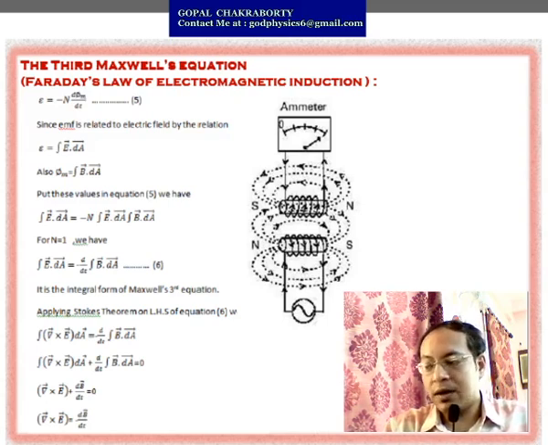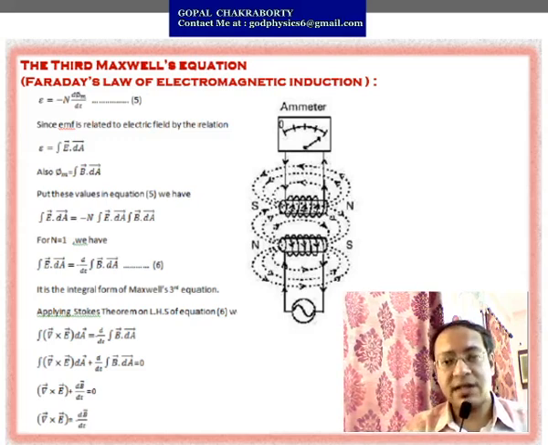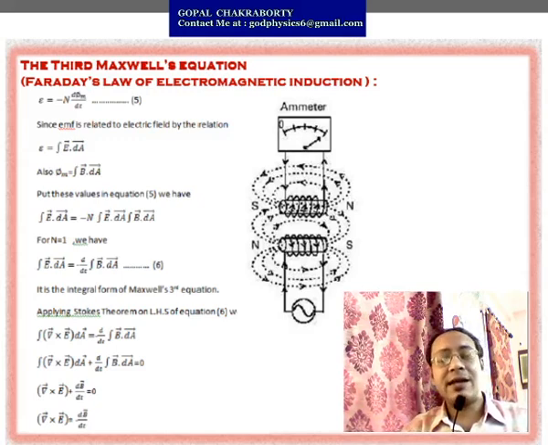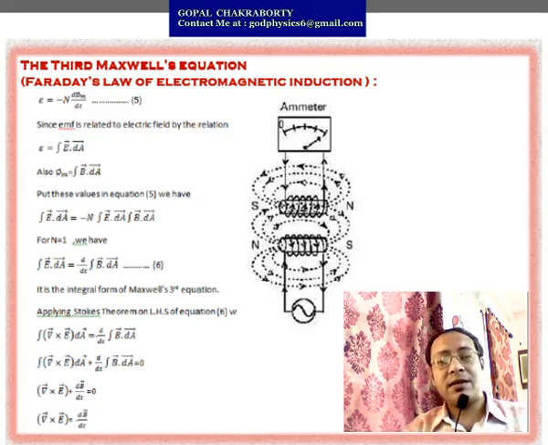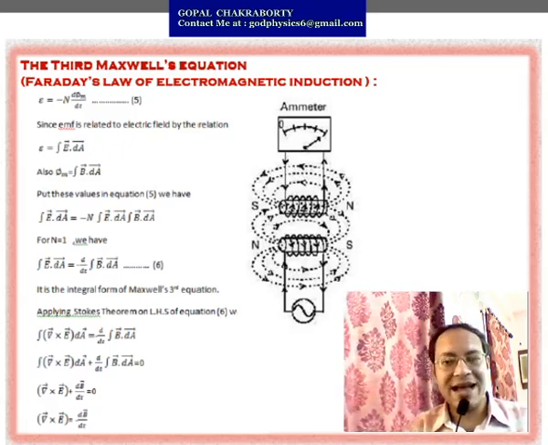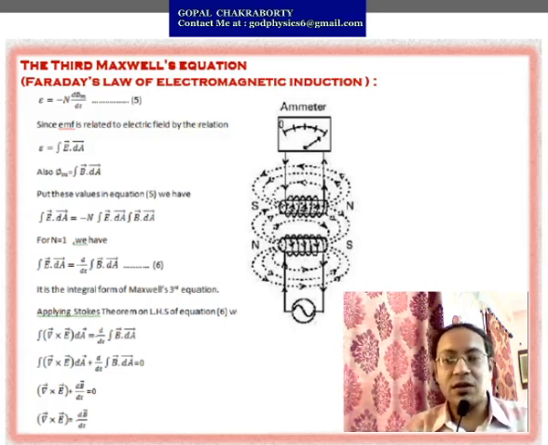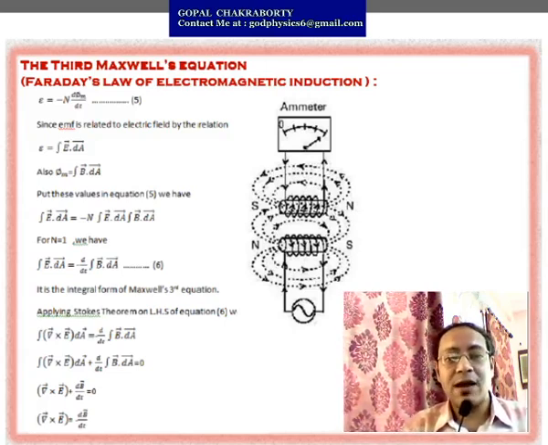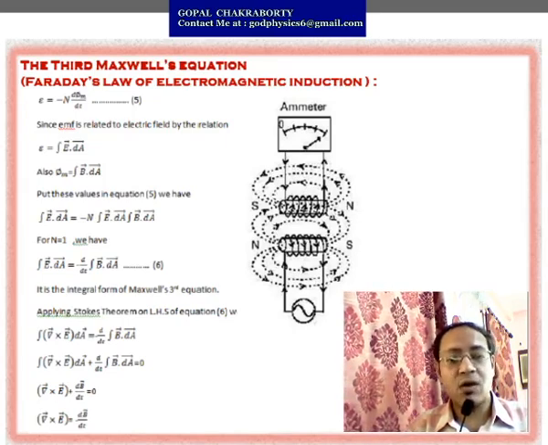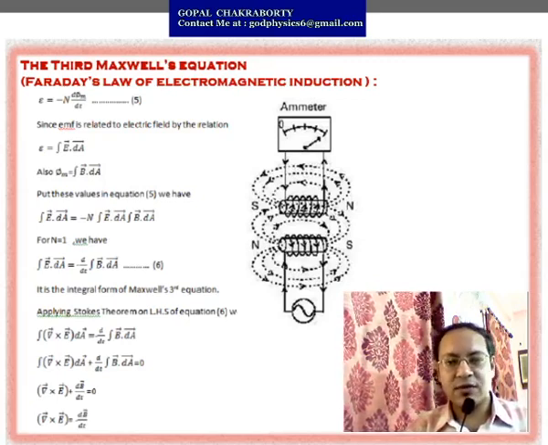Alternatively, this equation also tells you that the negative sign means the induced EMF will be produced in a direction that opposes its actual cause, which is the proof of Lenz's law. Okay, so considering all of these concepts, now I will derive the third Maxwell's equation.